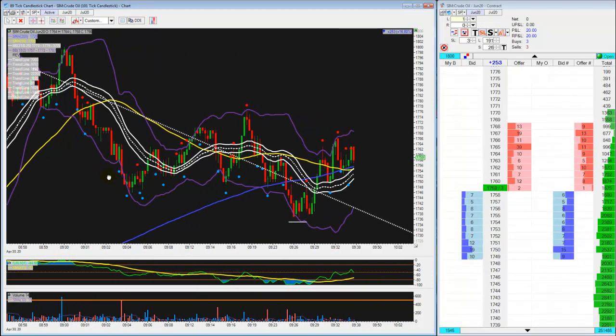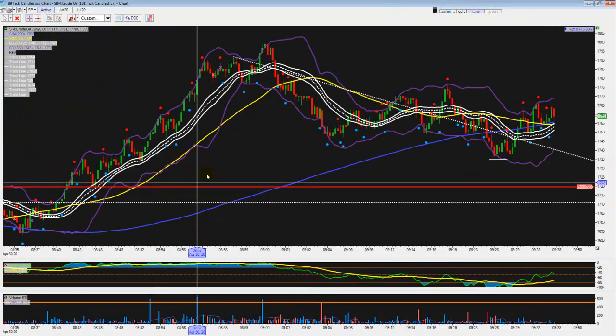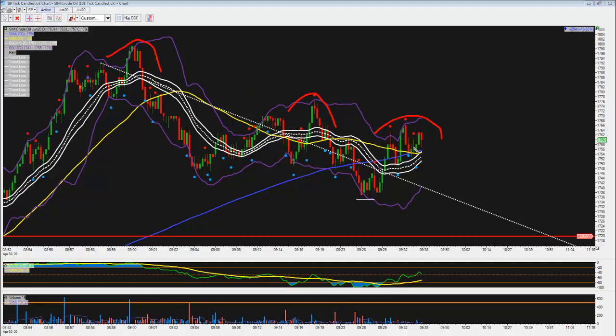Looking at our friend Gann right now, it's going to tell you there's 1, 2, 3, expect one more down, then up.